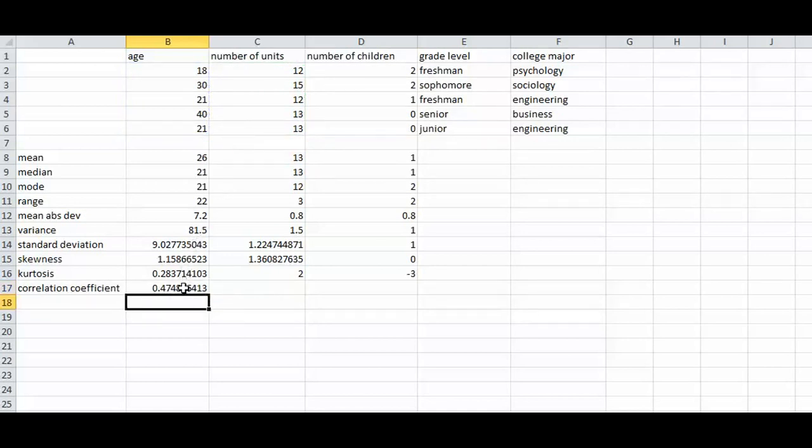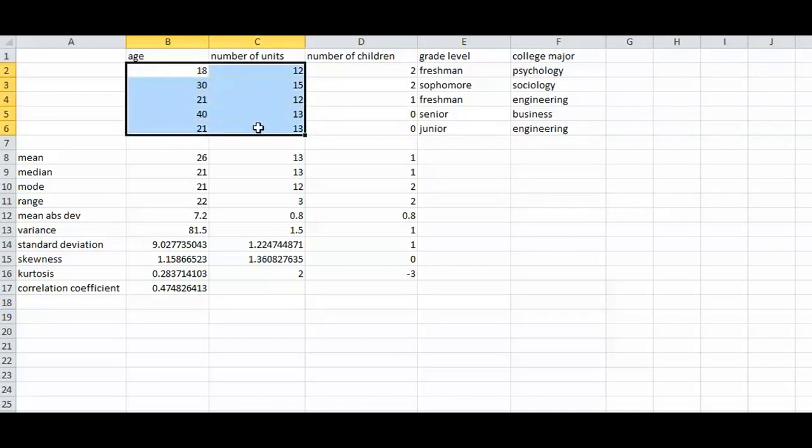It gives us a correlation coefficient of positive 0.47, and that's a positive number, which means that in this data set we have a positive correlation between these 2 variables. Let's make a scatter plot to show that it actually is a positive correlation. We can highlight these numbers and then go up to insert.